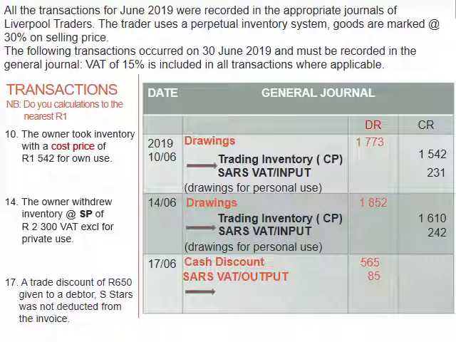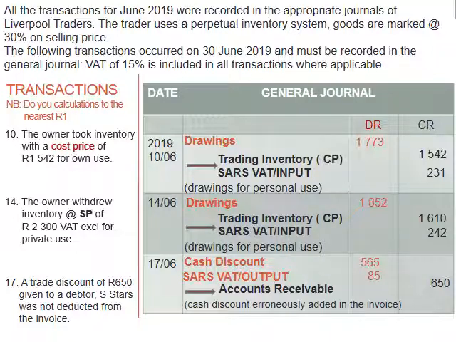The SARS VAT account will be debited with the VAT calculated on the amount of 85. The accounts receivable will be credited with the full amount of the trade discount, 650. Narration will read as cash discount erroneously added in the invoice.